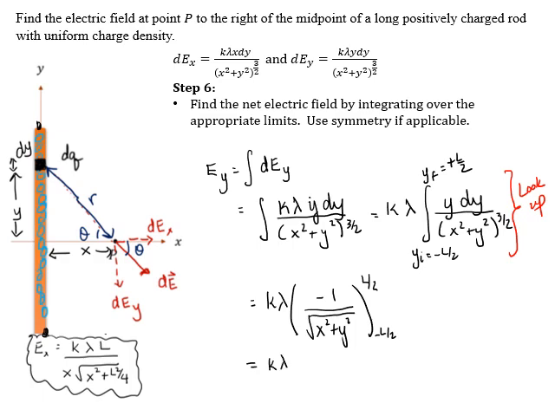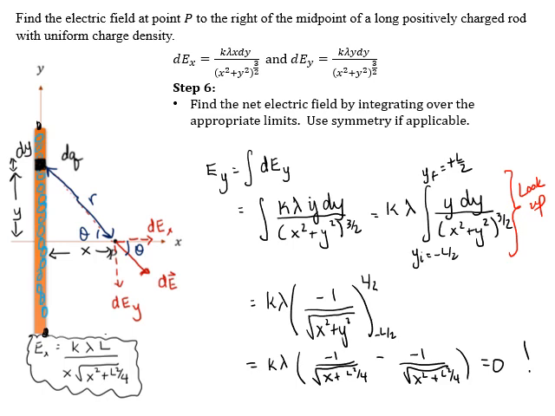We get k times lambda outside of minus 1 over the square root of x squared plus L over 2 squared is L squared over 4. I've written it a little bit small, but hopefully you can still see it. And then we're subtracting minus 1 over the square root of x squared minus L over 2 all squared is still plus L squared over 4 equals 0, which is what we expected from the symmetry, so we're on track there.